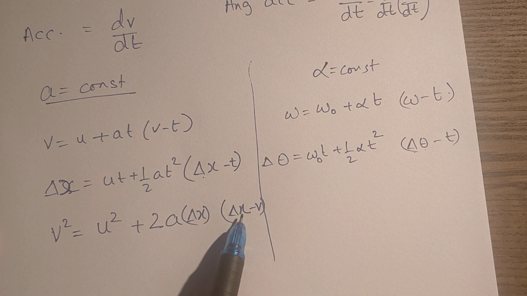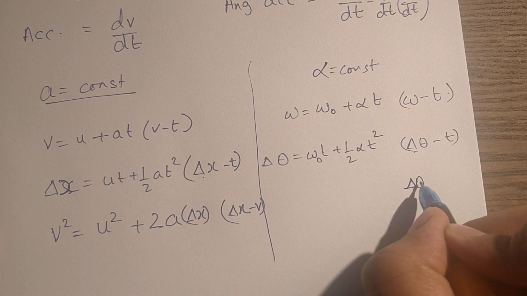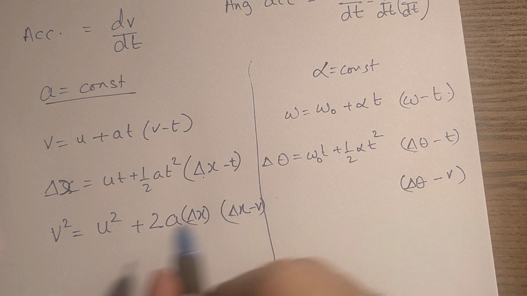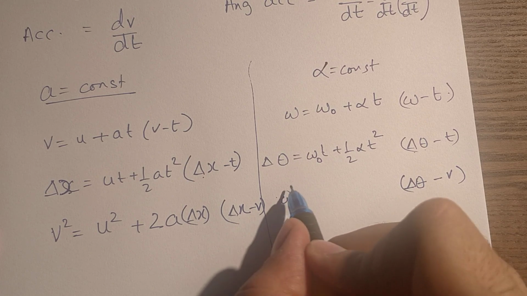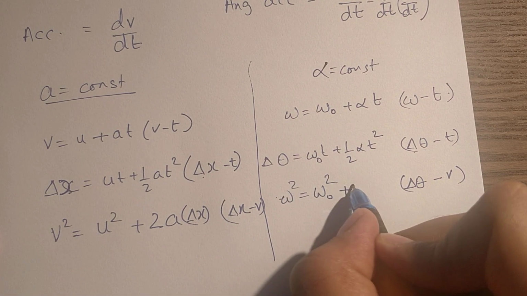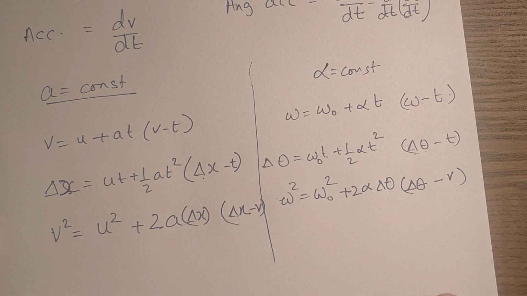Third, here we had the displacement velocity relation, so we will have the angular displacement velocity relation, which will be final angular velocity square is equal to omega naught square, the initial angular velocity square, plus 2 alpha delta theta. So you can see that the equations are also similar.